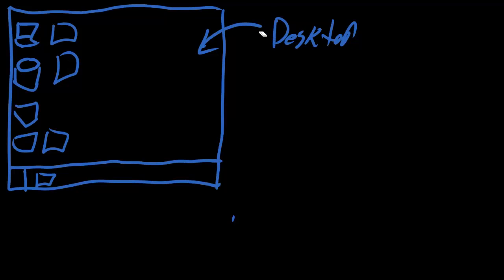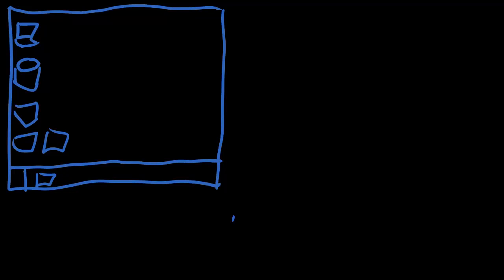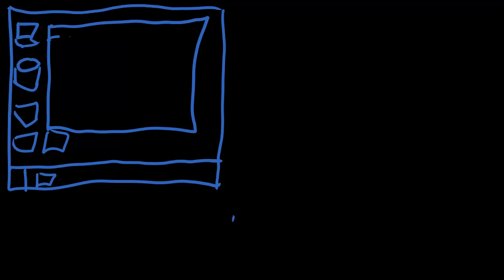When you double click on an icon, one of these things, it opens up. So let's say, for example, we double click on this computer icon, the My Computer. It should open up a window on your screen that probably shows you a few things.